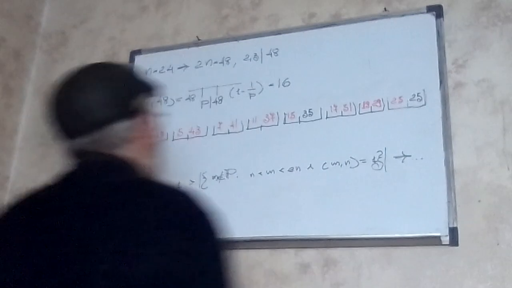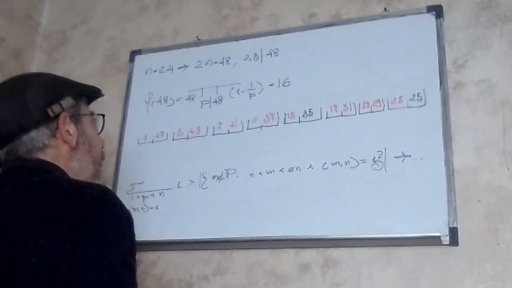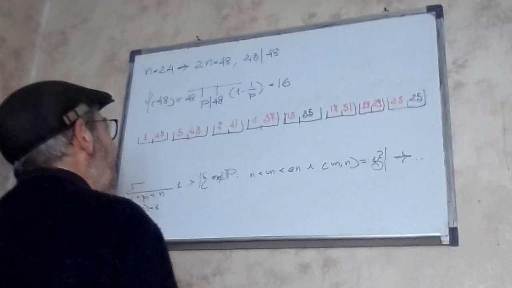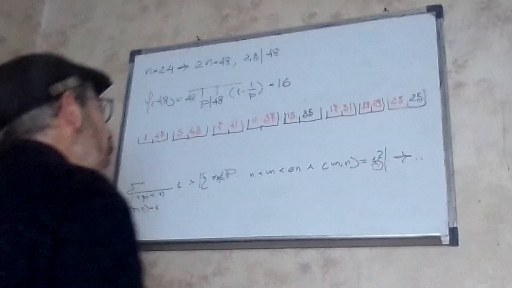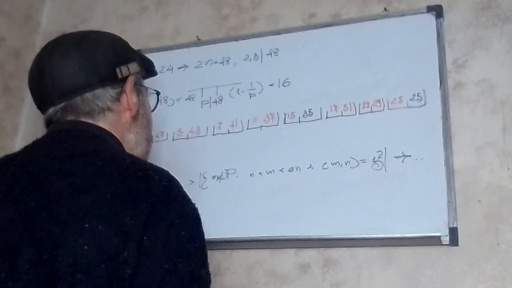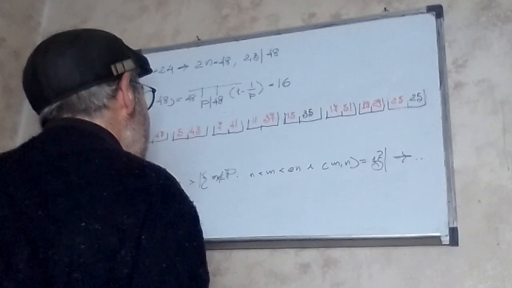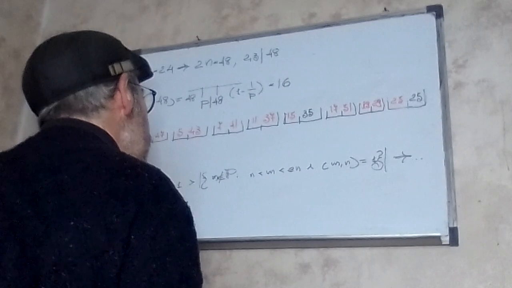These are the numbers between 1 and 48 coprime with 48.